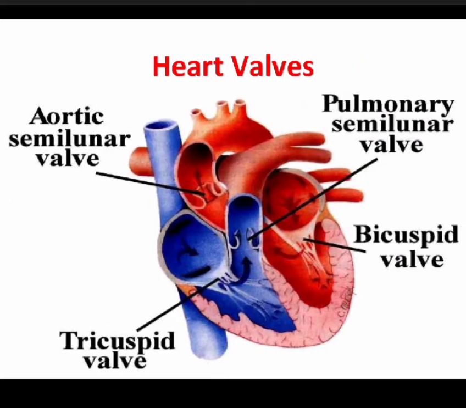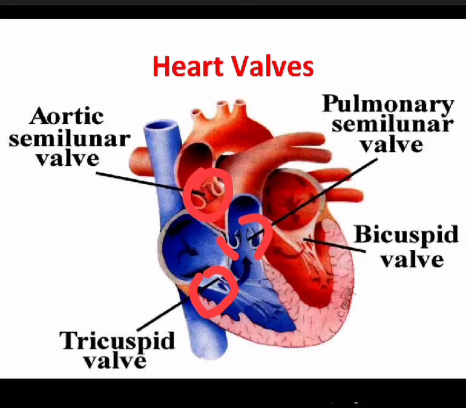Now, looking at the heart here, we have the aortic valve. All valves are mechanisms in the heart that close in order to prevent blood from flowing back. So if you look at what we have here, there are so many valves here. We have a valve here, we have valves here.